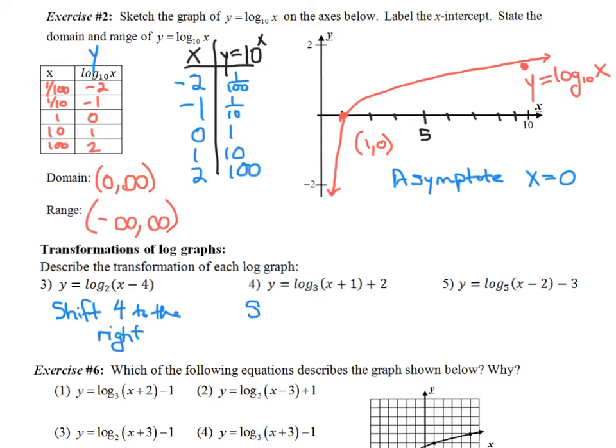I see that what's going to happen is my graph is going to shift 1 unit. And again, we think about it with the opposite sign, so it's going to be 1 unit left. When we're going in the vertical direction, though, this plus 2 is affecting my whole y coordinate. So if I add 2 to my y coordinate, I'm also going to shift 2 units up.